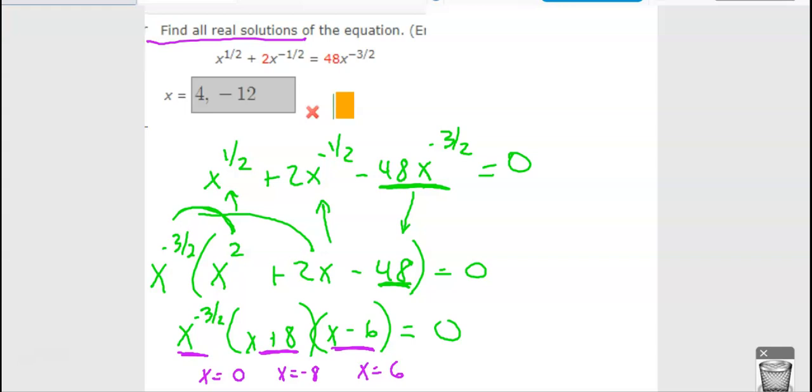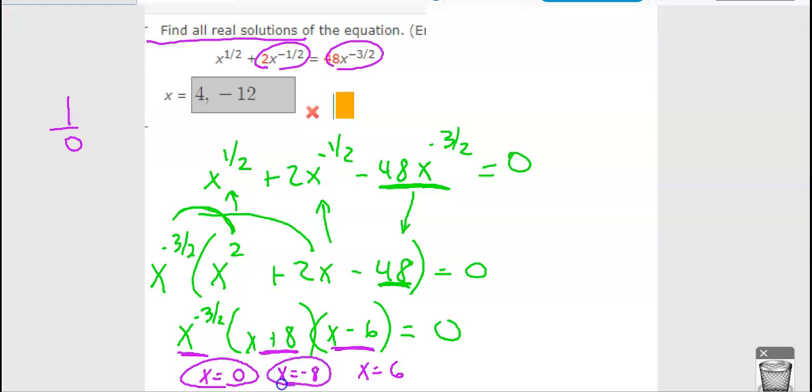So if you go back and actually plug in 0 to these answers, you're going to end up seeing that it doesn't work. The reason is because the negative exponent means to flip. So when you flip 0, you can't have 0 on the bottom. So 0 cannot work on that problem.